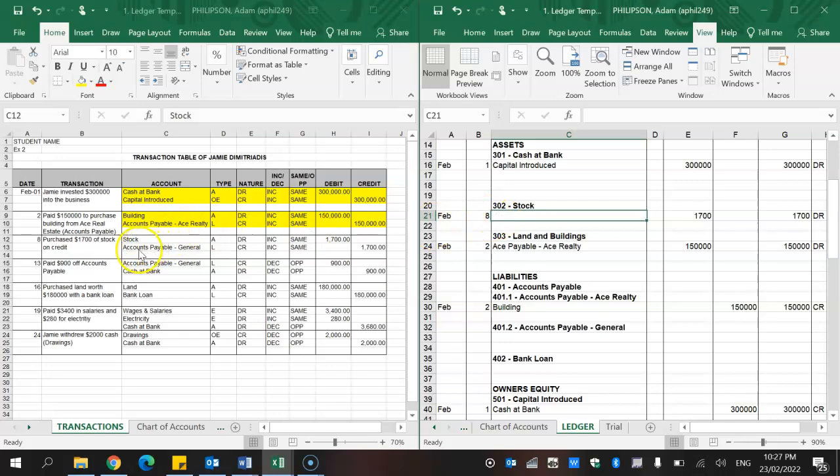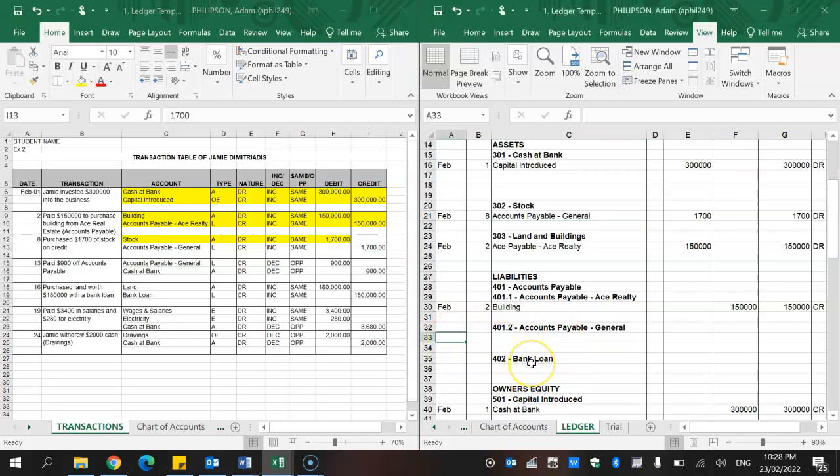Particulars from the other side of the journal entry is accounts payable general. Okay, so that's that one done.